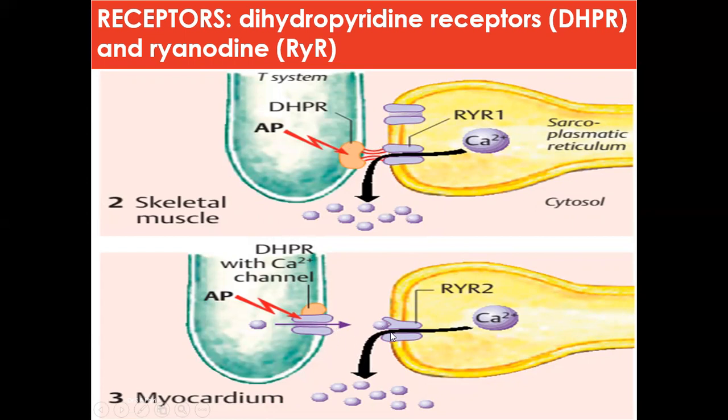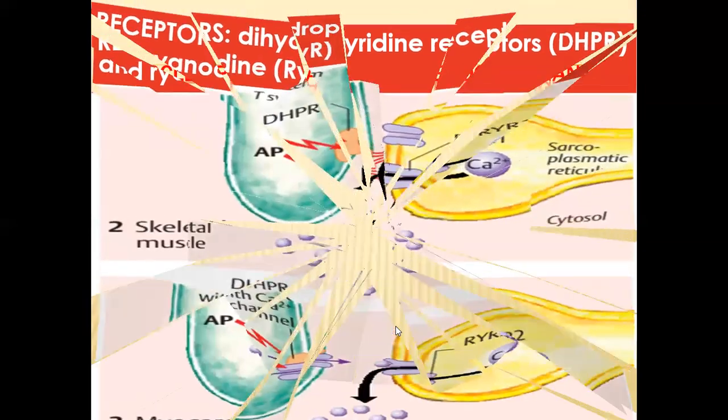For the ryanodine receptor to open, it depends on the dihydropyridine receptors, which are channels for calcium. With change in voltage, they open and allow influx of calcium. That calcium will bind to the ryanodine receptors, opening them to mobilize calcium from the sarcoplasmic reticulum. So these are called calcium-induced calcium-releasing channels in the myocardium.